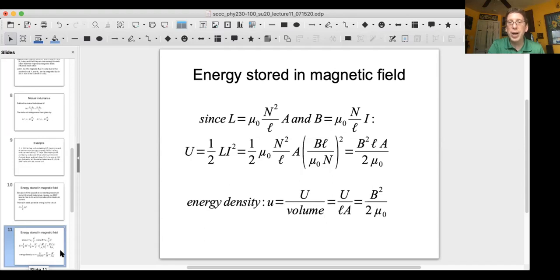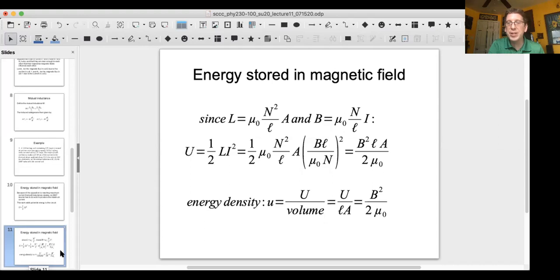which is equal to 1/2 times mu naught times N squared over script L times A. And then solving the magnetic field equation for I, you wind up multiplying by the square of B times script L divided by mu naught N. And so you plug all those terms together. Notice the N's drop out.